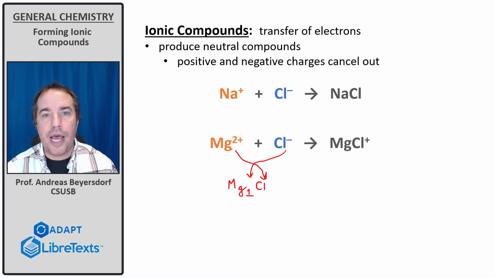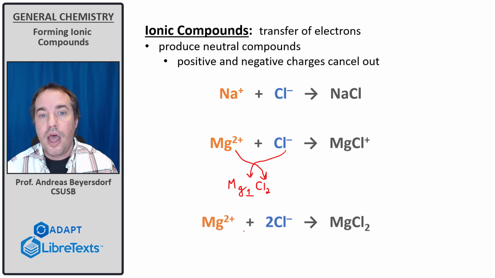And the charge of the magnesium becomes the number of the chlorines needed. And so these will produce MgCl2. This happens because we have a +2 charge from the magnesium, and we have 2 times the -1 charge of the chlorine, and so that's going to give us a neutral compound.